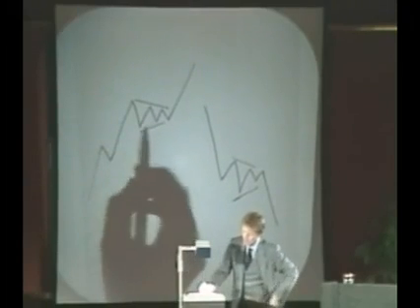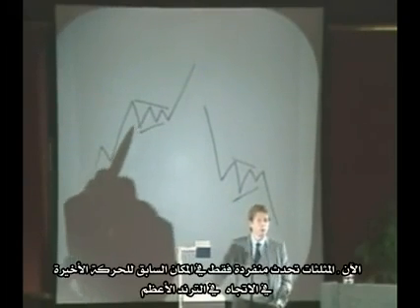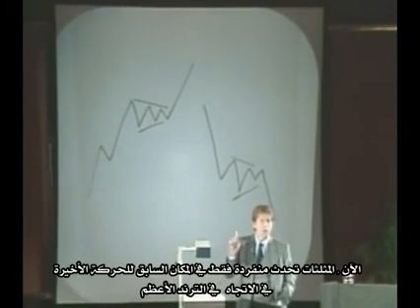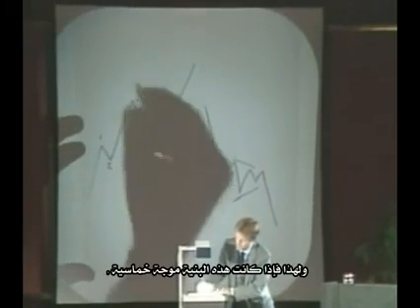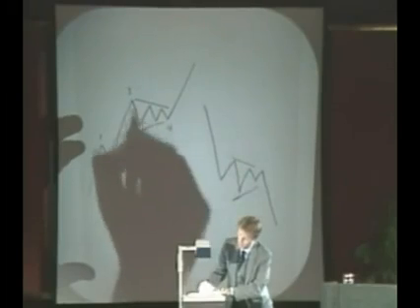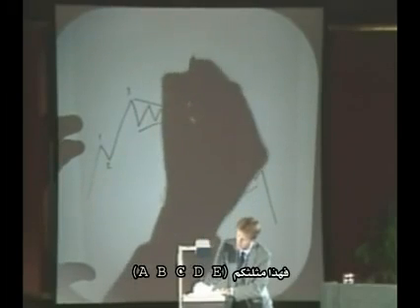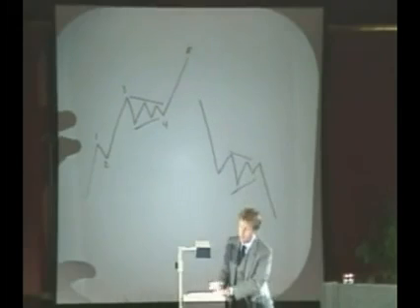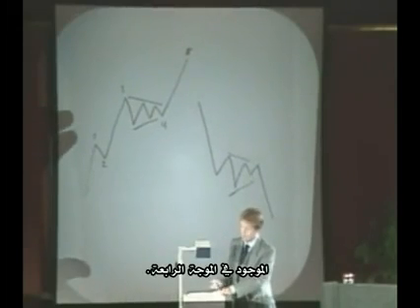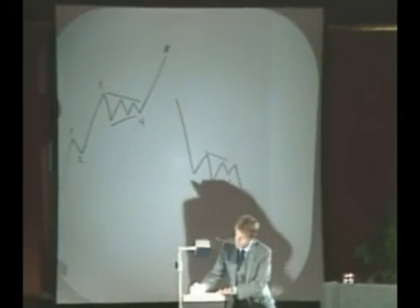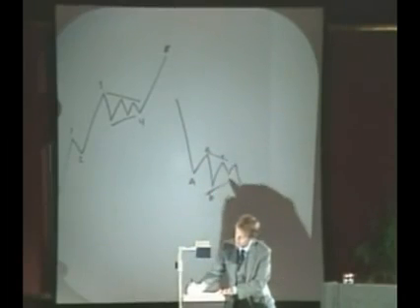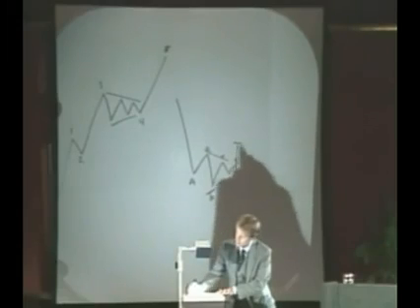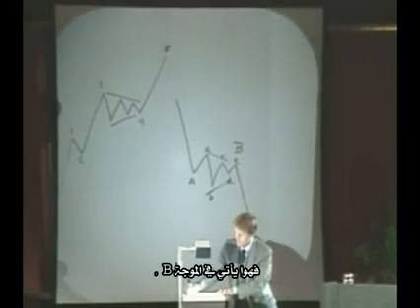Triangles occur alone only in positions prior to the final movement of the major trend. So if this is a 5-wave structure, here's your triangle, A, B, C, D, E. It would occur in a wave 4 position. In this case, it's occurring in a wave B position.